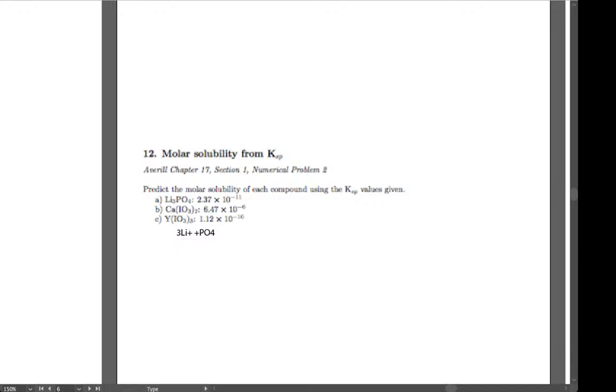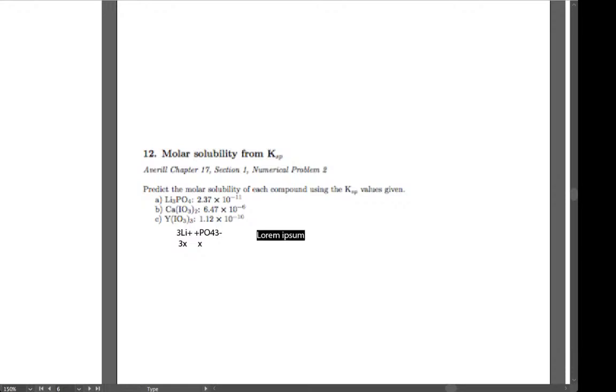For example, if you have one lithium phosphate, it would dissociate, and this would result in 3x for lithium. And for the phosphate, that's x, PO4 3 minus.